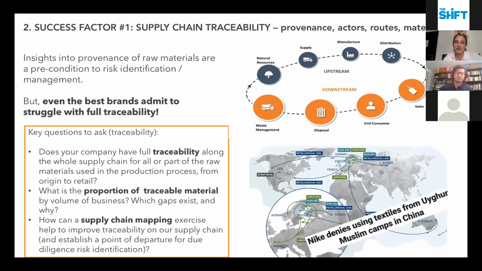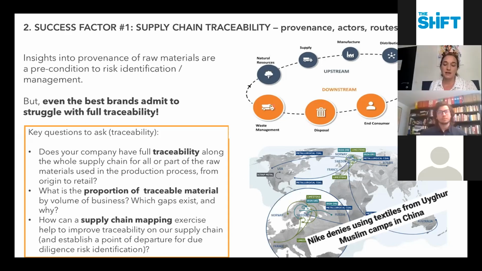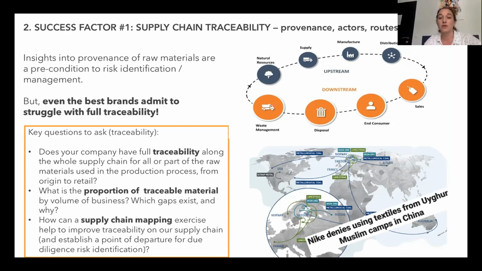So one of the first important success factors is traceability. And that may not seem a part of your risk management process, but actually it is, because by laying bare or by really digging into a supply chain and finding out all the suppliers up to the origin of your raw materials, whether it's minerals or cotton or palm oil, I think it's a great way to start your risk identification.